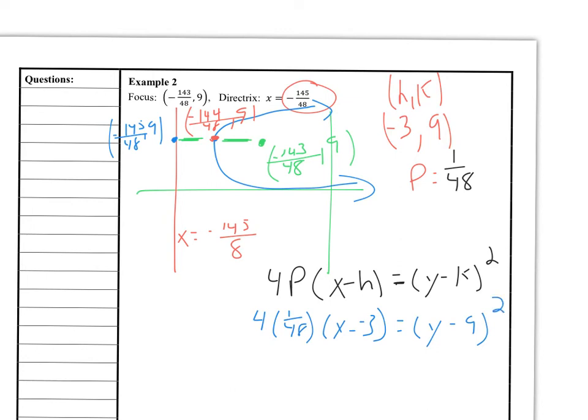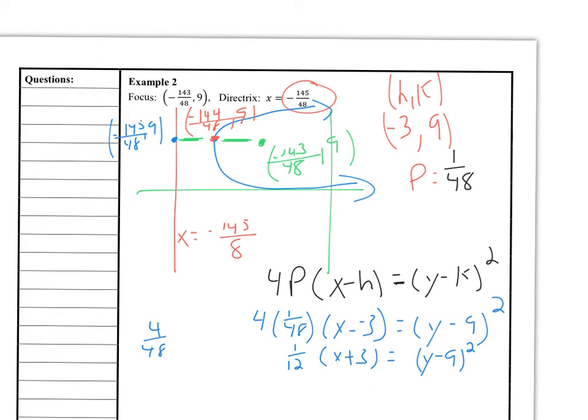So what is 4 times 1 over 48? Well, if you don't know or you can't simplify that, that's not a problem. It's not the end of the world, nothing to cry about, but you do need to be able to do that in the calculator. Off to the side, it's 4 over 48. That reduces to 1/12. X plus 3 equals 1/12 times y minus 9, quantity squared.